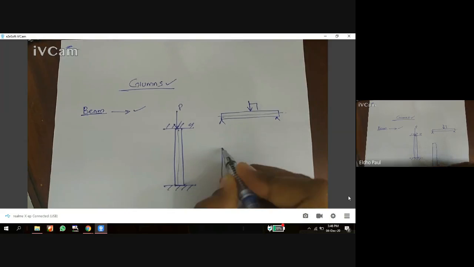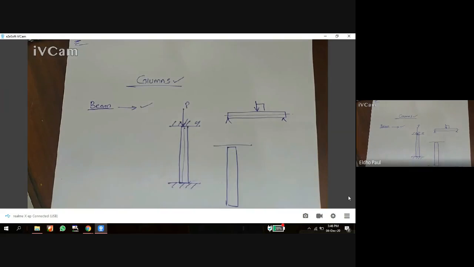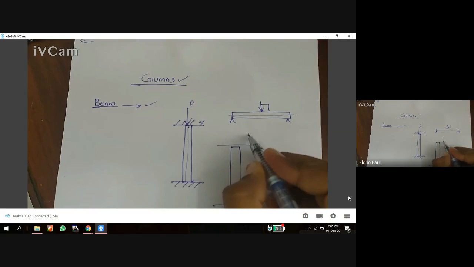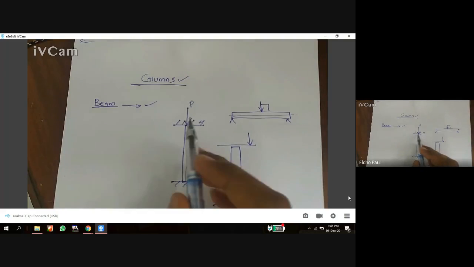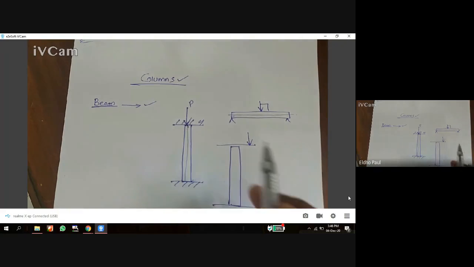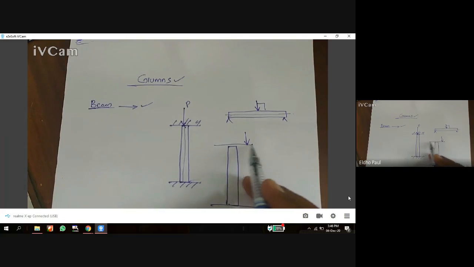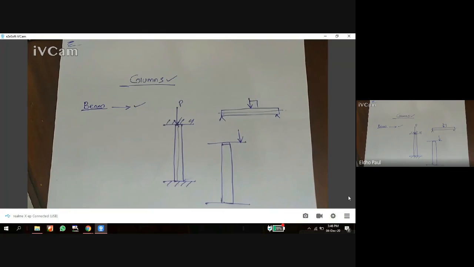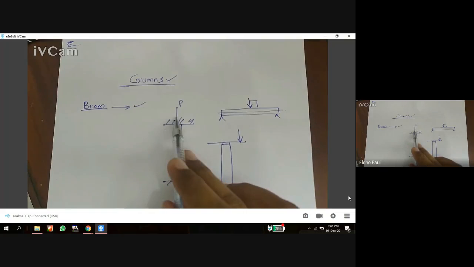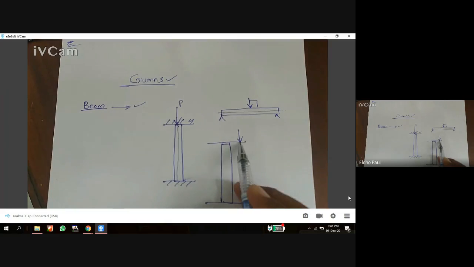For example, this is also a column. Maybe the load acts at this point. It may not be at the axial point, but somewhere else on the column. So the load acts in the axial direction or at an eccentric distance.